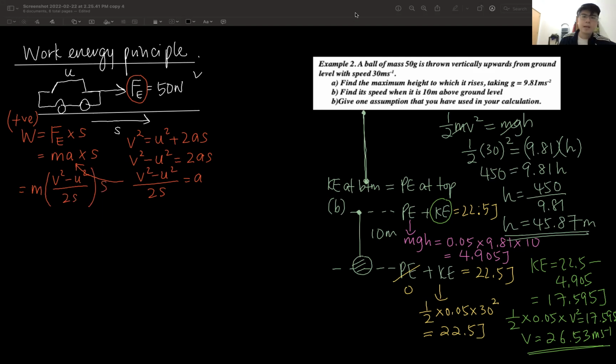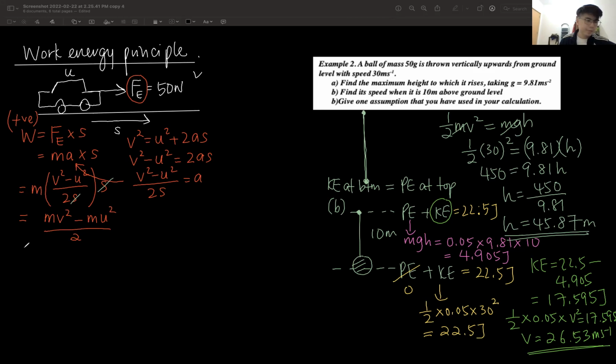The S cancel. What do I get? MV square minus MU square over 2.